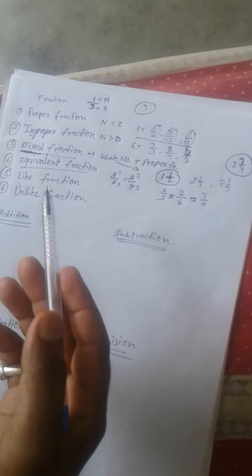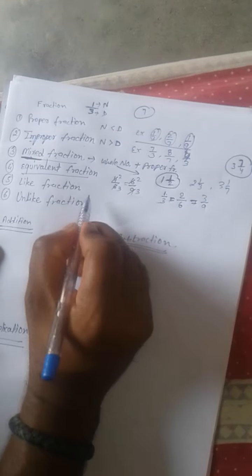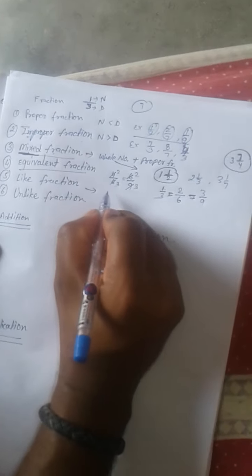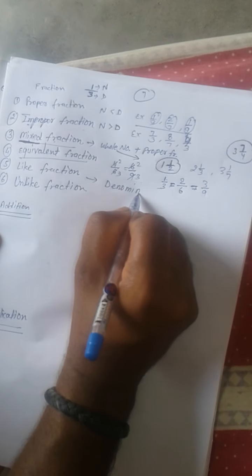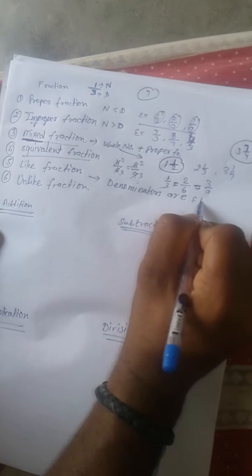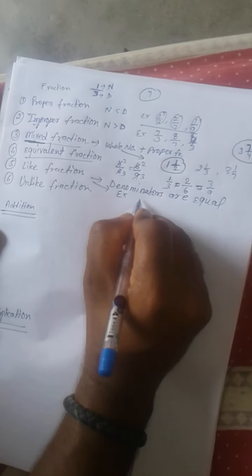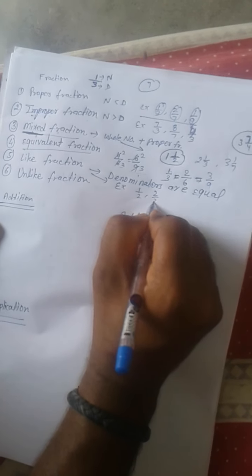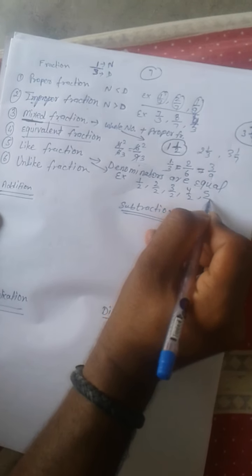Now we'll discuss like fractions and unlike fractions. What are like fractions? Like fractions are those fractions whose denominators are equal. For example, 1 by 2, 2 by 2, 3 by 2, 4 by 2, 5 by 2.